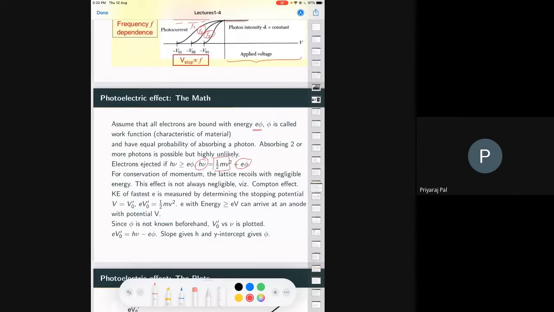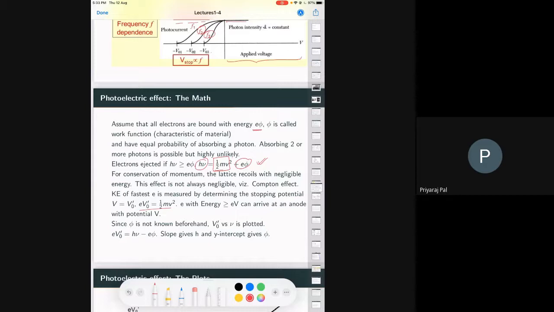The stopping potential is basically the energy of the most energetic electron. So when no electron is reaching, it means that even the most energetic electron is not able to overcome the stopping potential. And this will be exactly the quantity that is occurring in this equation.